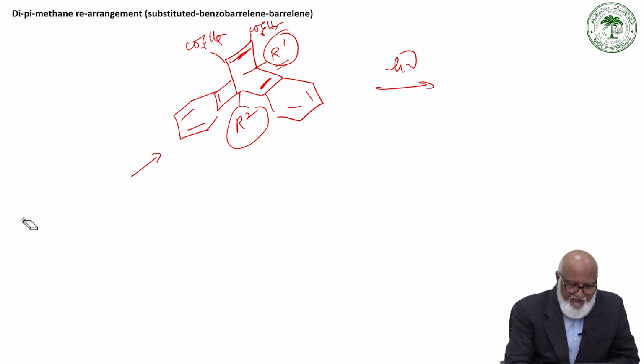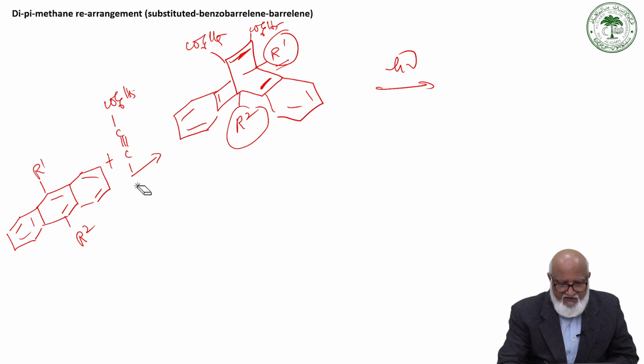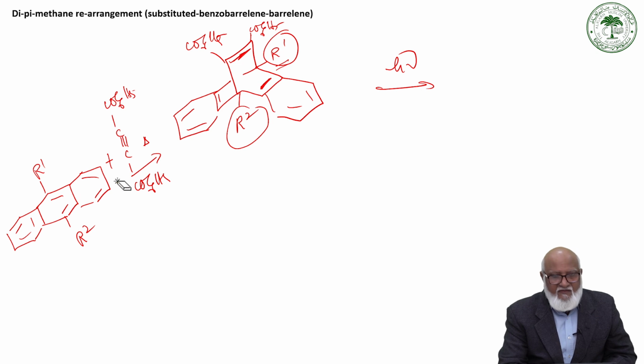It is found that these similar products can very well be obtained from taking the corresponding anthracene with R1 and R2 here, and then heating with dibenzoyl acetylene, COC6H5, and then when it is heated, it can also undergo.